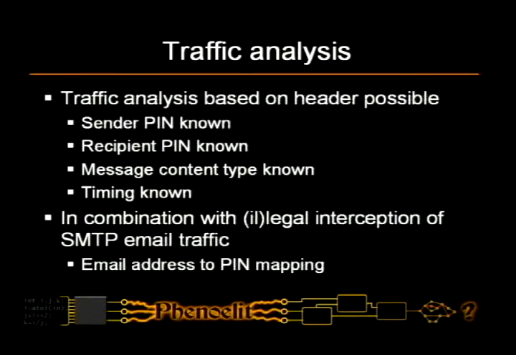And if you see an email message coming in and afterwards a message coming out from a sender PIN, which is a server, to a recipient PIN that you don't know, and you have a content type that says CMIME, which is obviously an email, and you send another email in with the same recipient, and another message comes out with the same recipient PIN, then you know the PIN, the device identification number, of this email address. So you can do traffic analysis, and you can see who's actually receiving this stuff, even though it's encrypted.